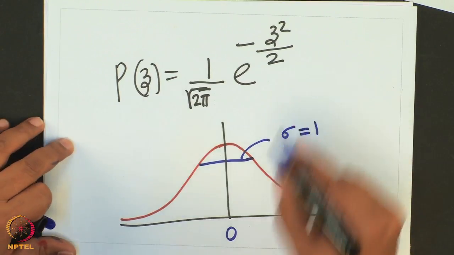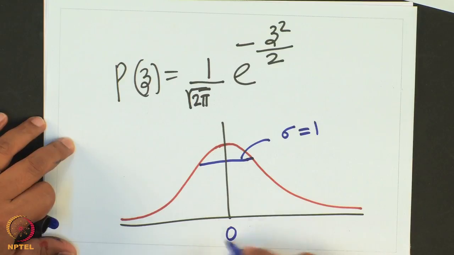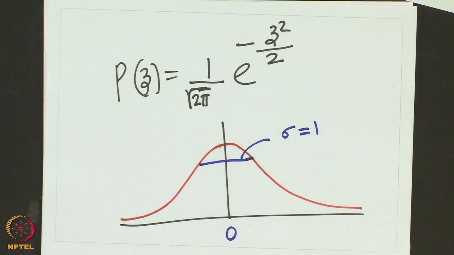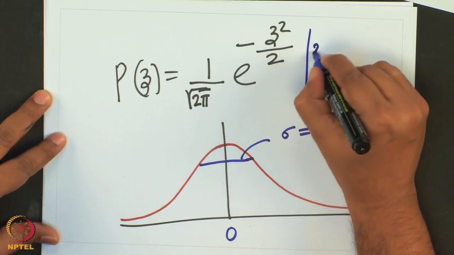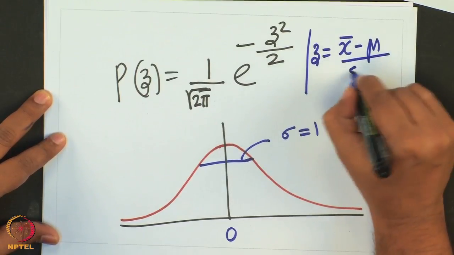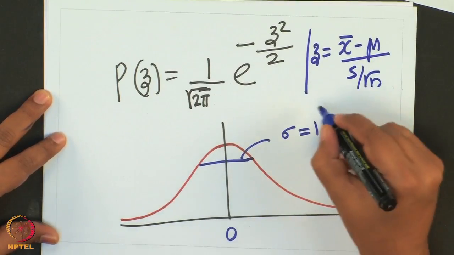So this is z bar: the mean is 0 and the width is 1. This distribution is called a standard normal distribution, and P of z will have this kind of distribution. Now we can get the z quantity, which is x bar minus mu by s by root n.